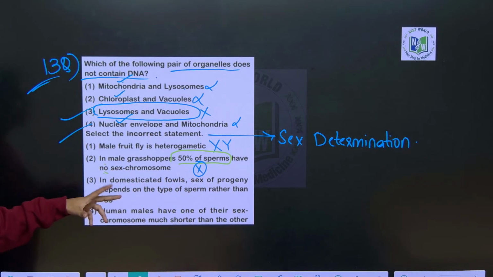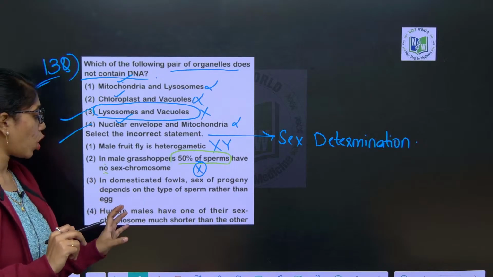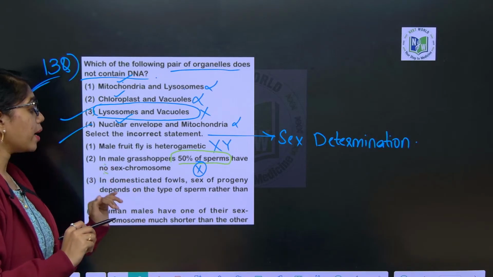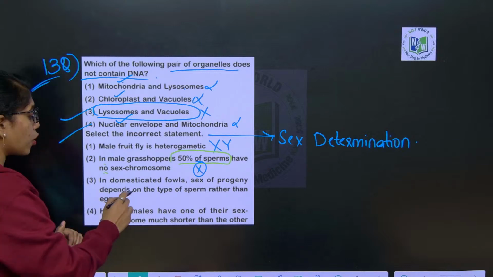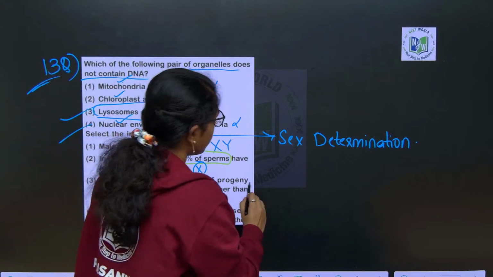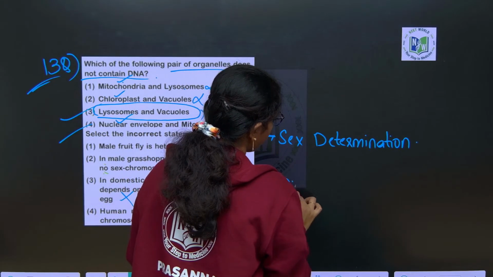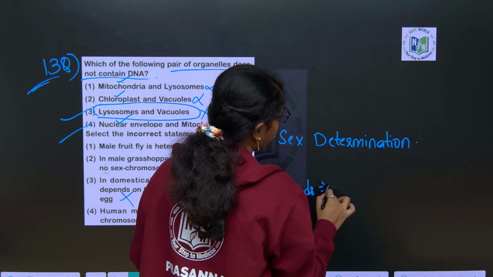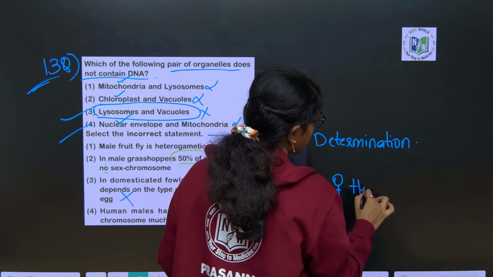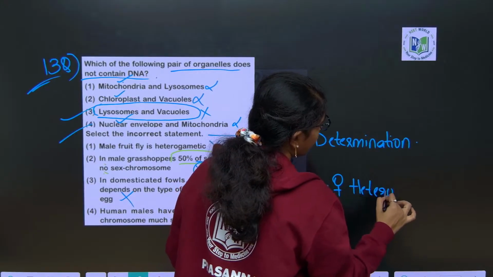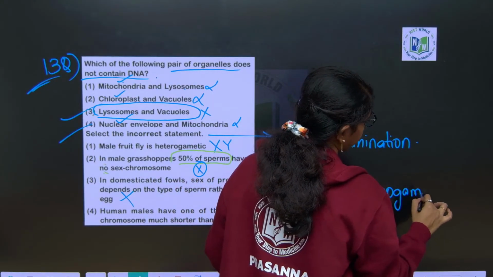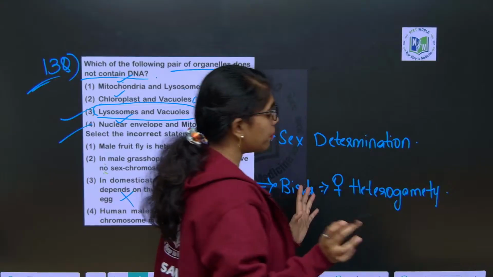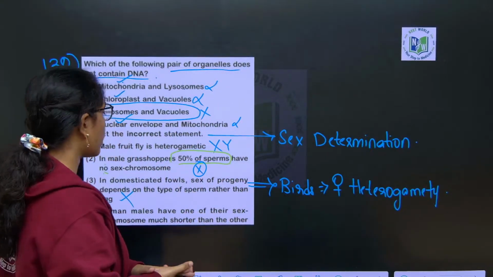In domesticated fowls, sex of the progeny depends on the type of the sperm rather than egg. Wrong. In birds we can see female heterogamety. It is not male heterogamety, it is female heterogamety in birds.